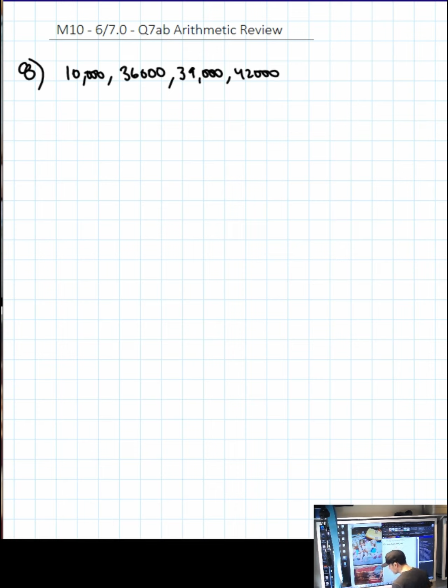So it says, how much do you make in your 10th year? Well, that's T10. Now, what is our sequence? 36,000 is T1, 39,000 would be T2, and 42,000 would be T3.